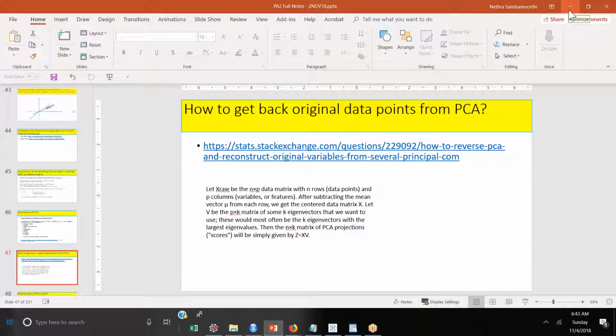If you want to get back to the original data points, everybody listen to me. You have to use all 4 principal components. Do you agree or not? But our purpose was to reduce the dimensions, so we got excited that 2 dimensions is good enough.